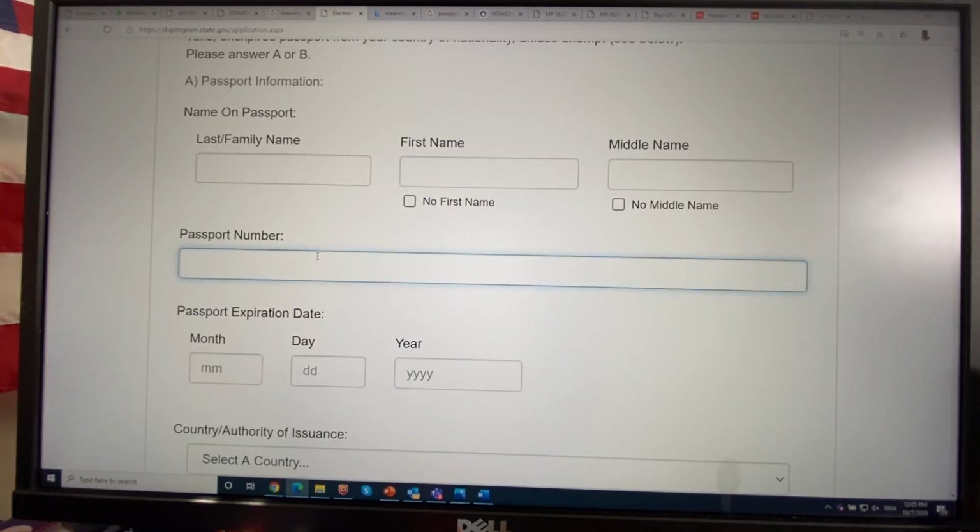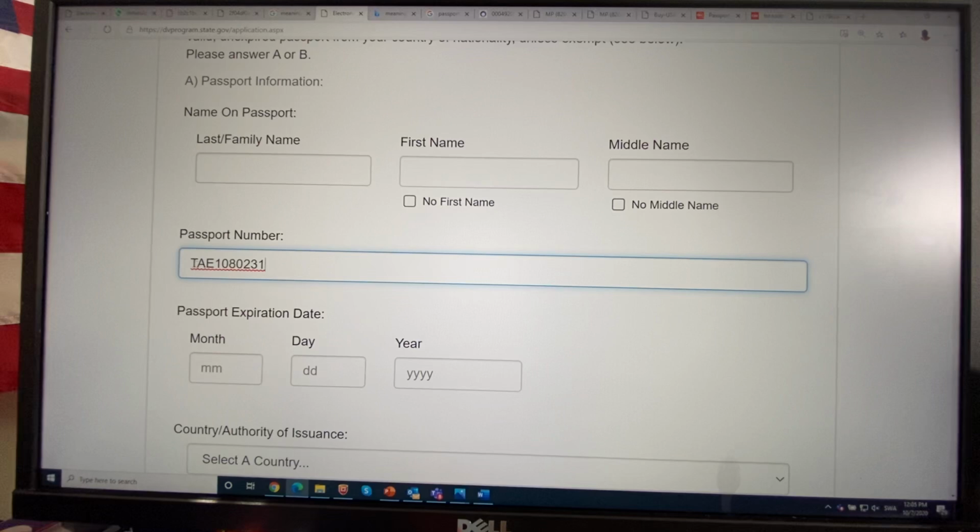Passport number, you put the passport number. But if you are using a temporary passport number, let me give an example of people who are using temporary passports, especially in East Africa, Kenya, Tanzania, Uganda, whatever. Let's say that is the passport number. I'm giving an example.